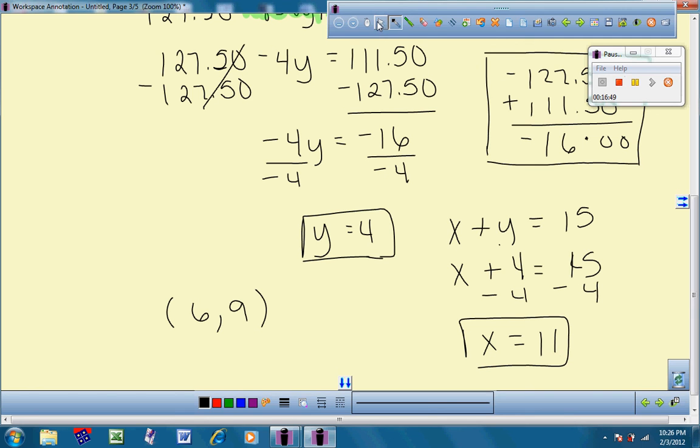Alright, so x is 11, so we bought 11 CDs that cost us $8.50. So 11, comma 4 would be our solution. X represents the CDs at $8.50. Y represents the CDs at $4.50.